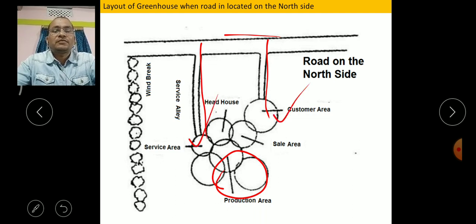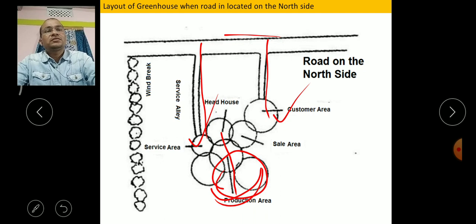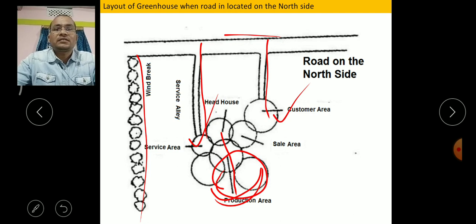This is for inside workers. The customer will come this way to the customer sales area and head house, which monitors the production area. Here this is a road, so there is no need for a windbreak, but the west side requires a windbreak. Give importance to the layout, because they are similar; the only difference is the pathway and the direction of windbreaks.